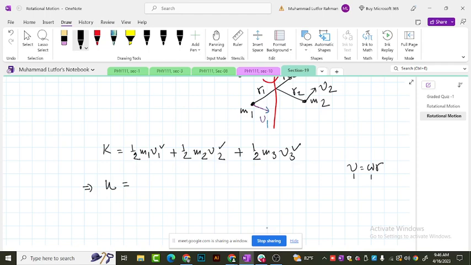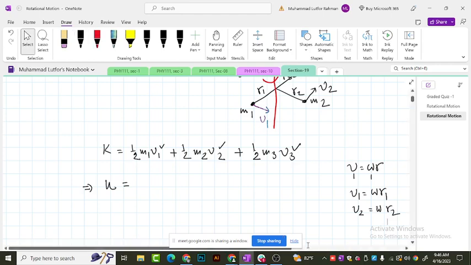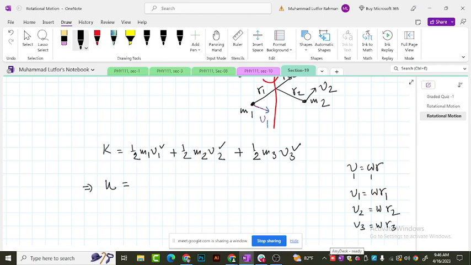In this case omega is fixed, which means we are rotating the system with a constant angular velocity. That's why omega would be fixed. Since the r is different, I can say that v1 should be omega into r1, v2 should be omega into r2, and v3 would be omega into r3, right?